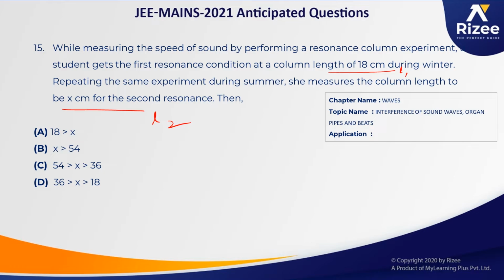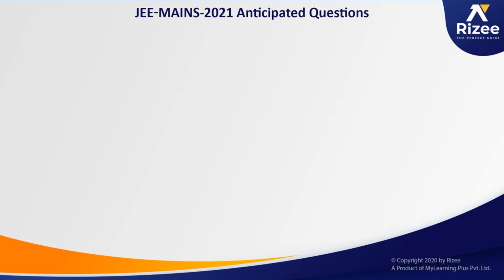As you know, when the temperature increases there will be a change in the velocity of sound. This is concerned with the waves chapter, and in that we are going to see the organ pipes topic, under the resonance column apparatus. So generally you will be getting resonance. It's a closed pipe, so you can write the frequency F1 is equal to V1 by 4 L1, where L1 is given to be 18 centimeters.